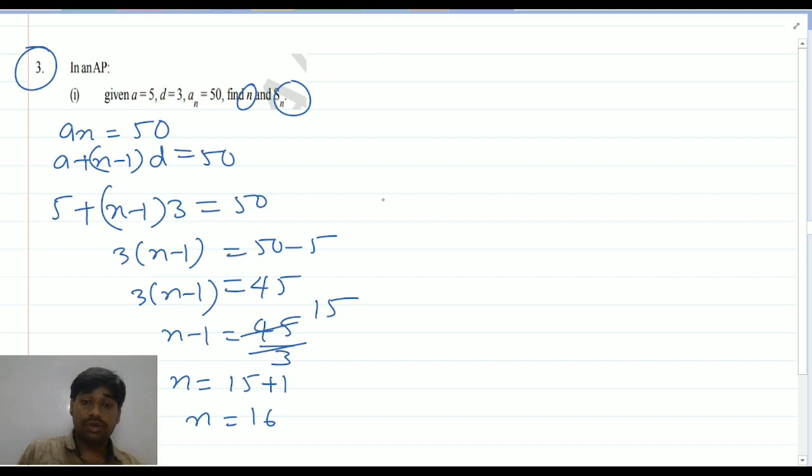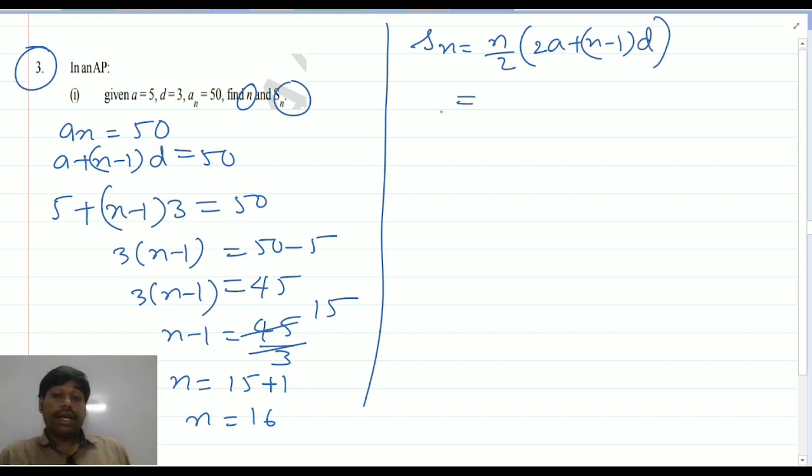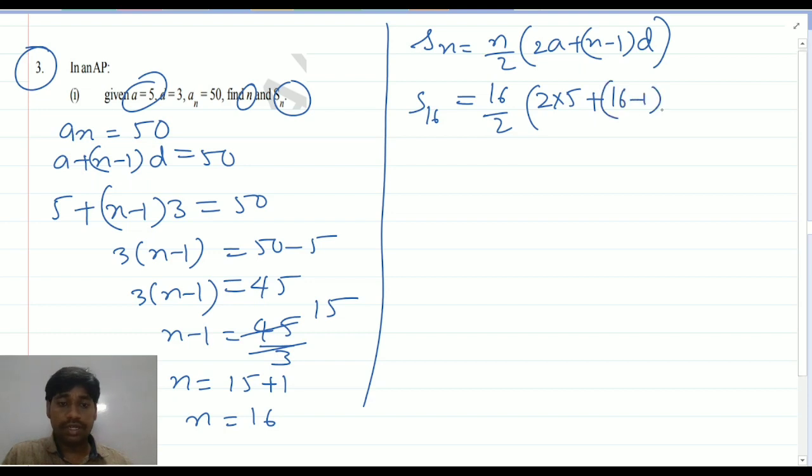After that you have to find the sum of terms. So the sum of n terms is n by 2 of (2a plus (n minus 1) into d). As you see, the number of terms is 16, so 16 by 2. The first term is given as 5. 2 fives are 10, plus 16 minus 1 is 15, and the common difference is 3.